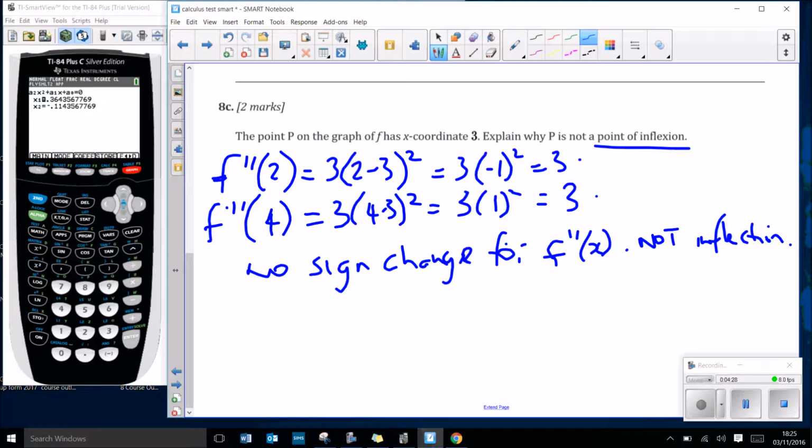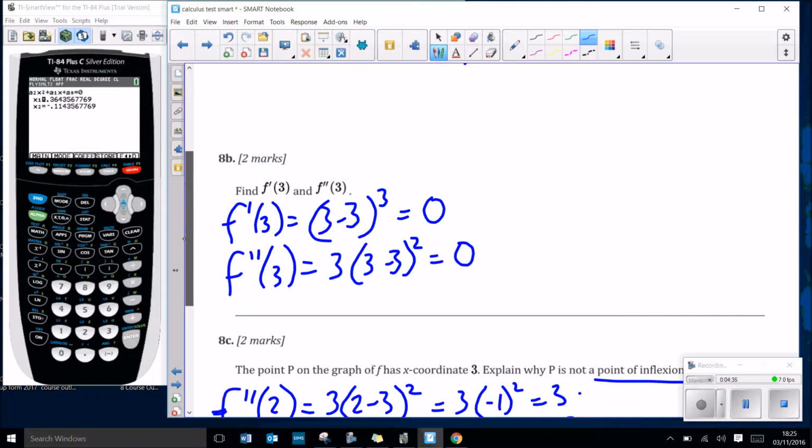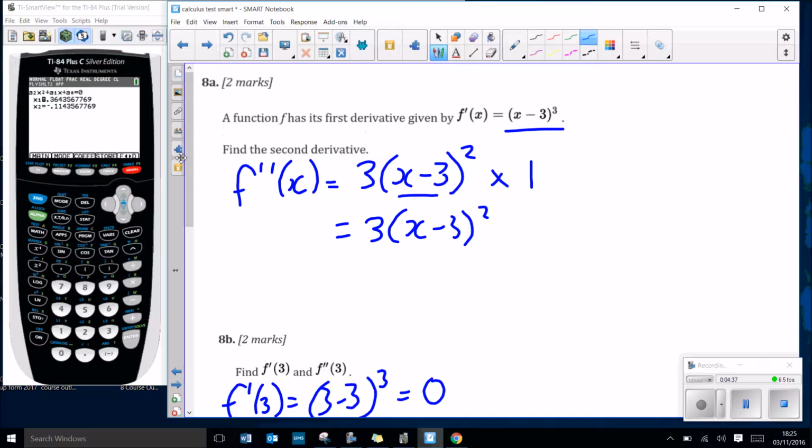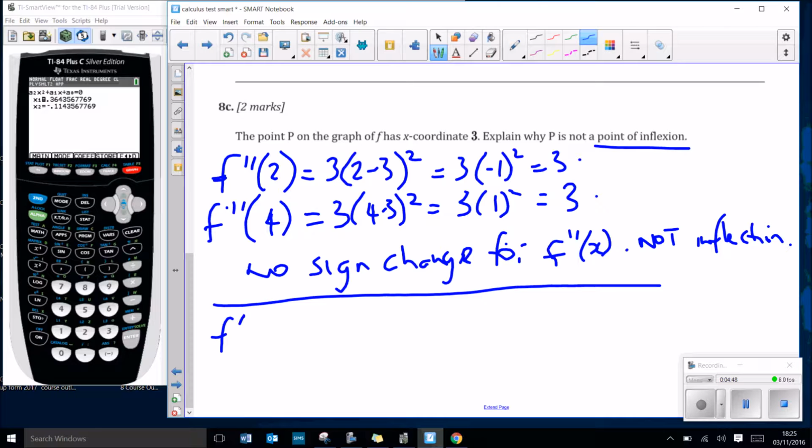Your alternate method could be to look at the first derivative. Again, we look at the derivative on either side of the point given. So if we're looking at either side of when x is 3, let's find f dash 2.